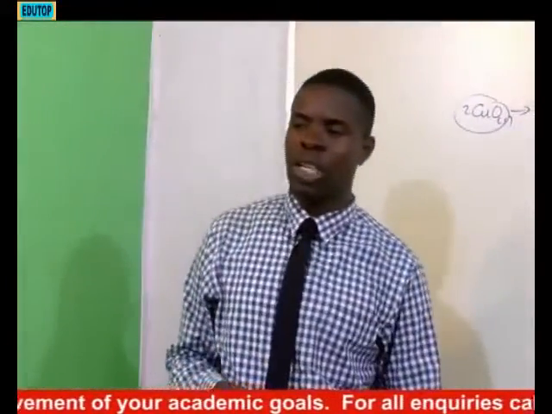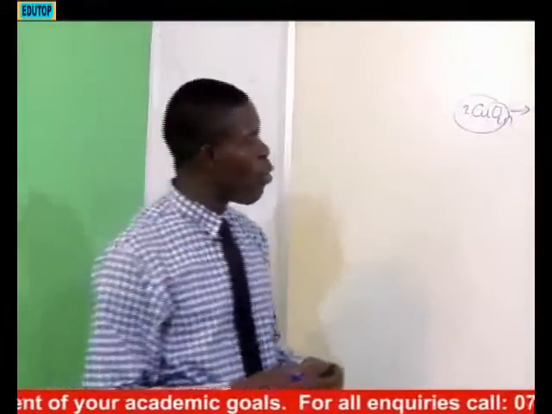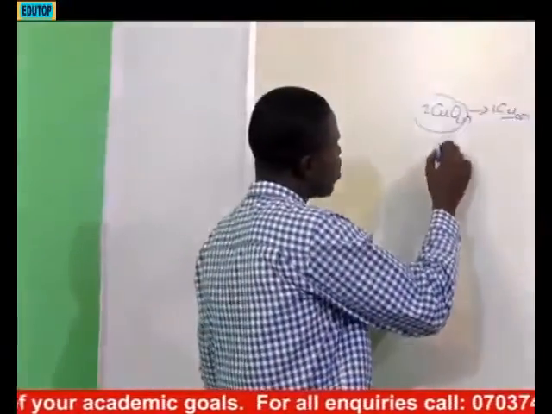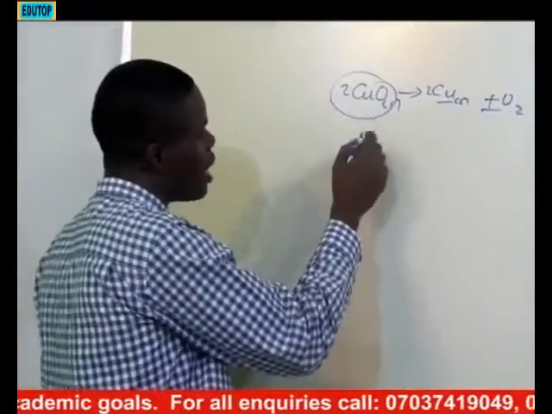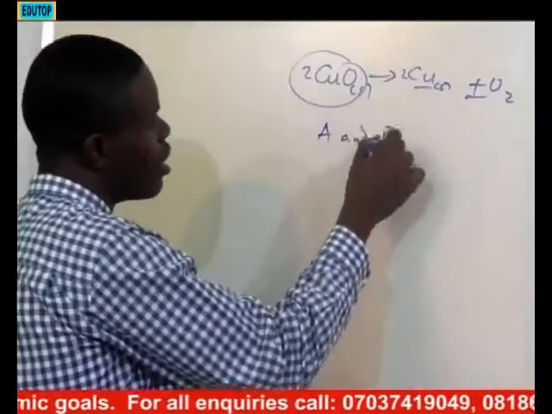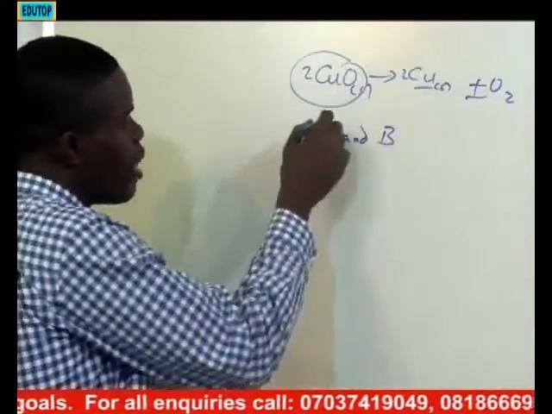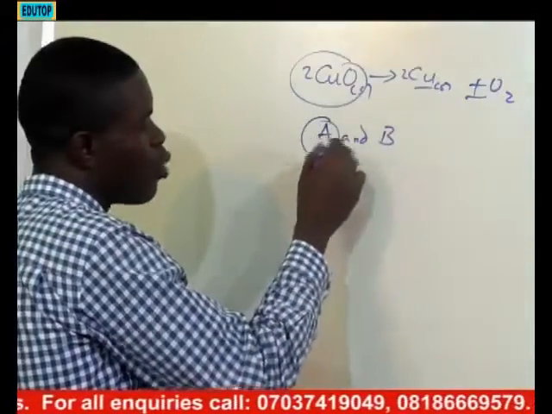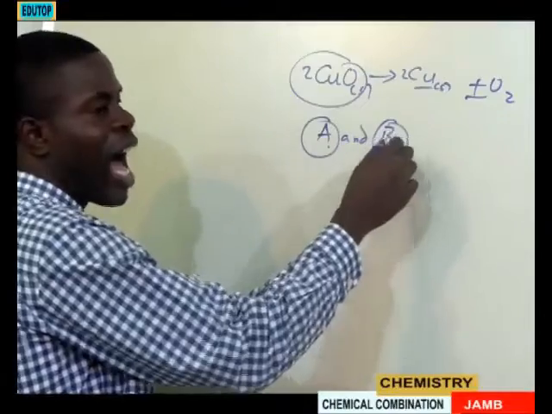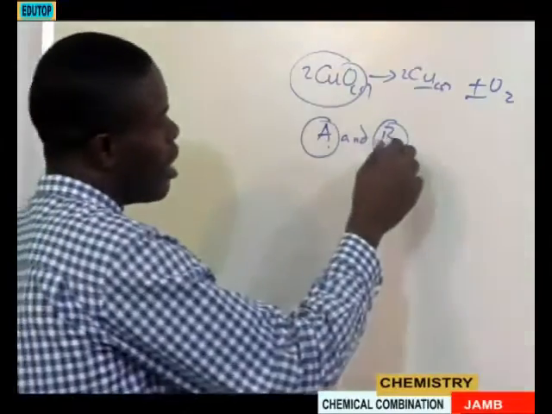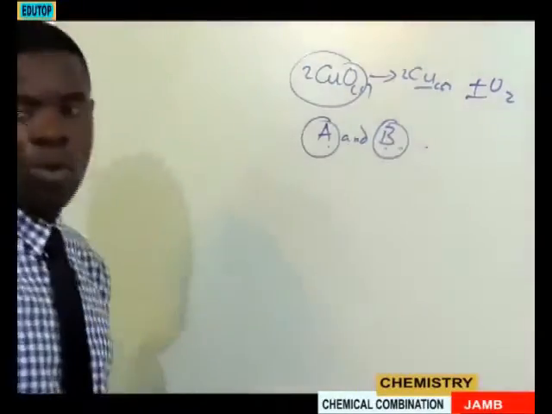Then the law of multiple proportion. It states that when two substances or elements A and B react chemically together, the various masses of one element that react with a fixed mass of the other element are in simple multiple ratio.